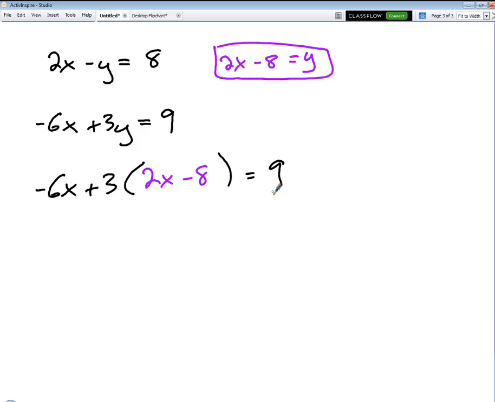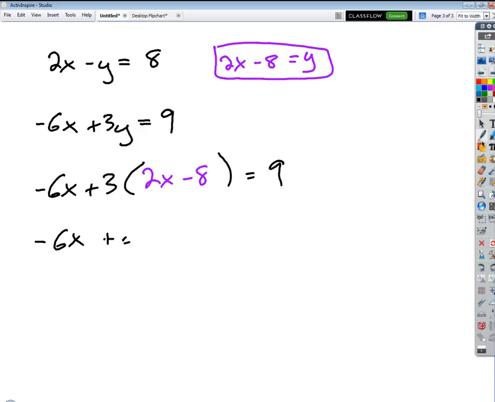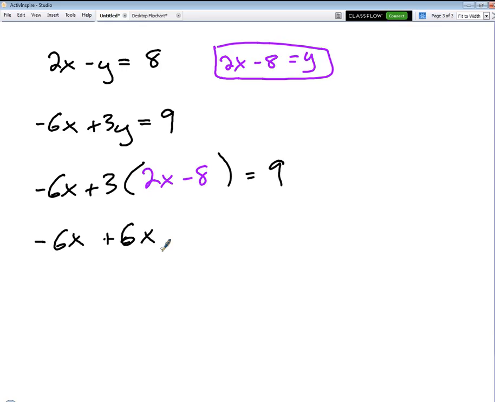Right? And if I distribute, I get -6x plus 6x, what do I get here? Well, what happens there? -6x plus 6x? 0.